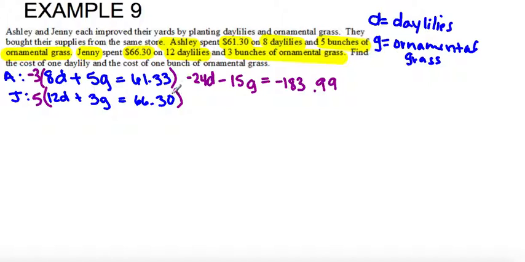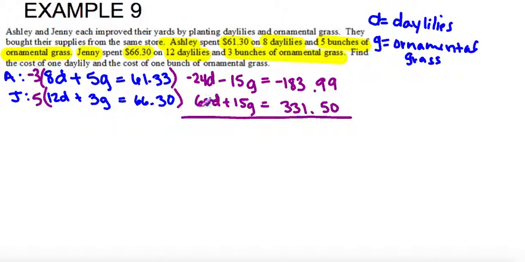And then we have to do the same thing to the bottom, so we're multiplying 5 times 12, which is 60D. And then we have 5 times 3, which is 15G. And we're multiplying 5 times 66.3, which is 331.50.